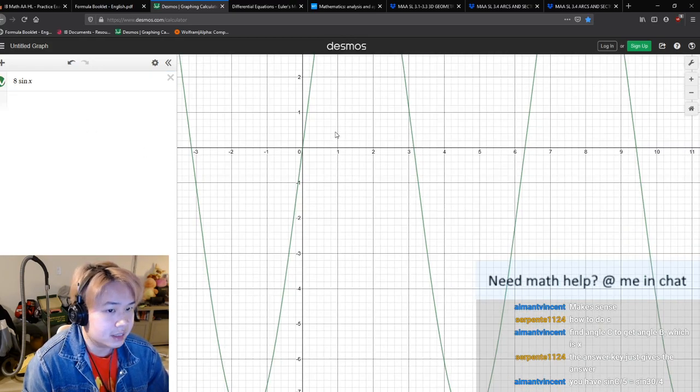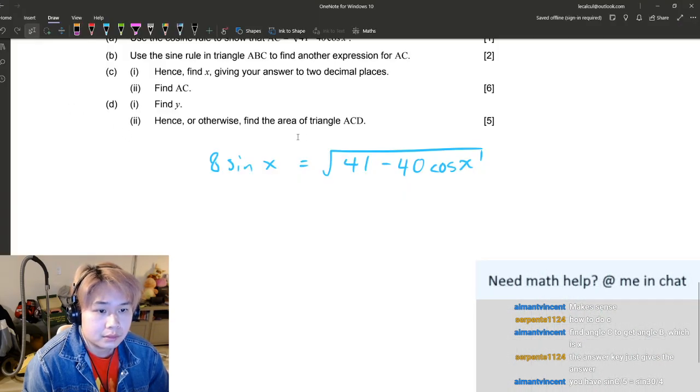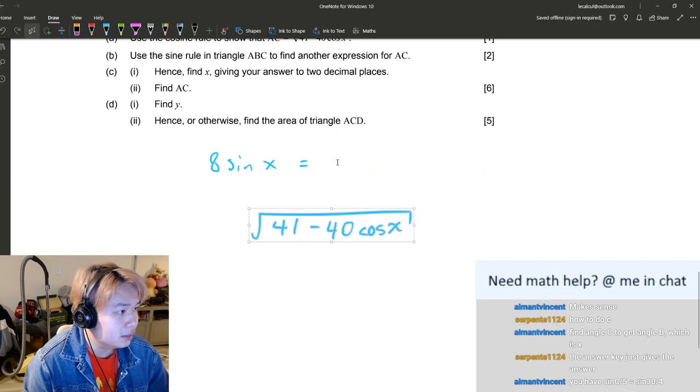So here's 8 sine x. And then instead of finding their intersection, I'm gonna find out when this function is gonna be 0.